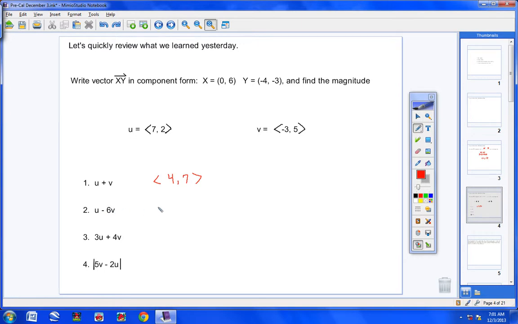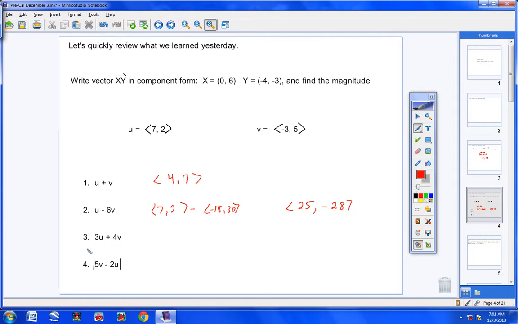Okay, now we also learned how to subtract vectors. So u is 7 comma 2, and then minus, and then notice it says 6v, so I took a 6 and I multiplied it through, -18, 30, and then 7 minus a -18 would be 25, 2 minus 30 would be -28. And then same thing here.